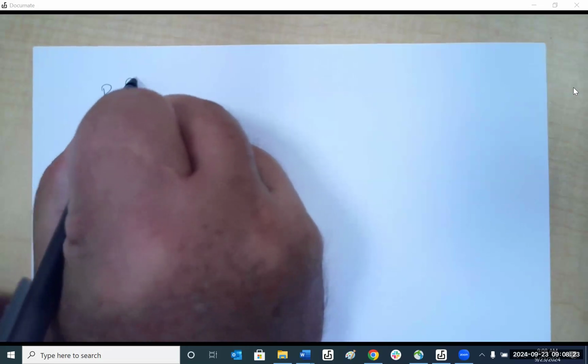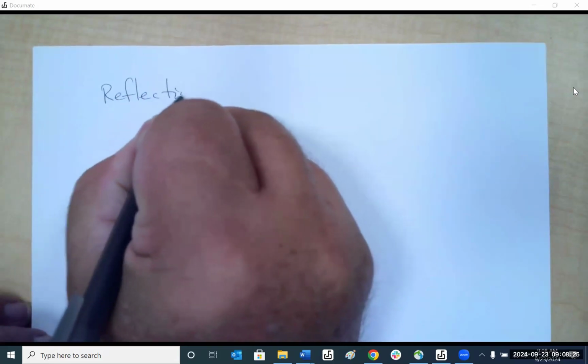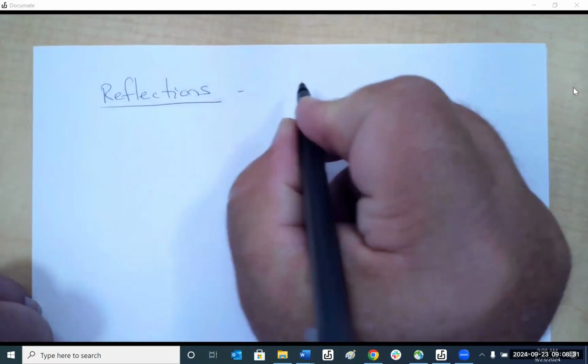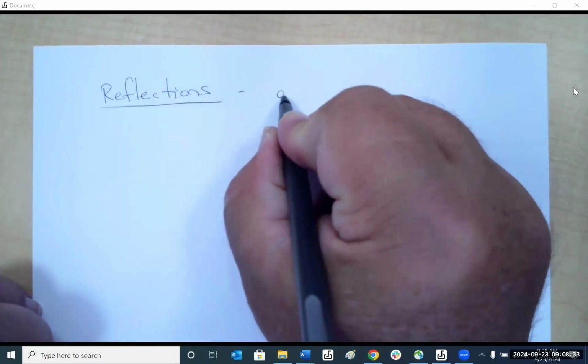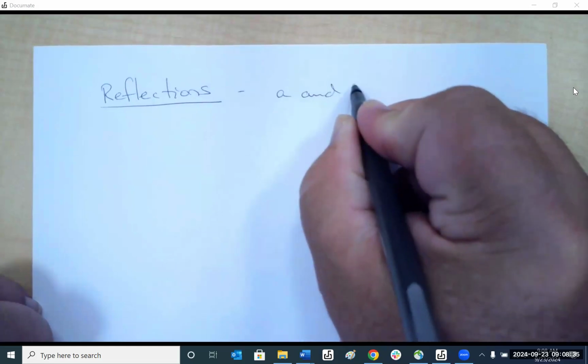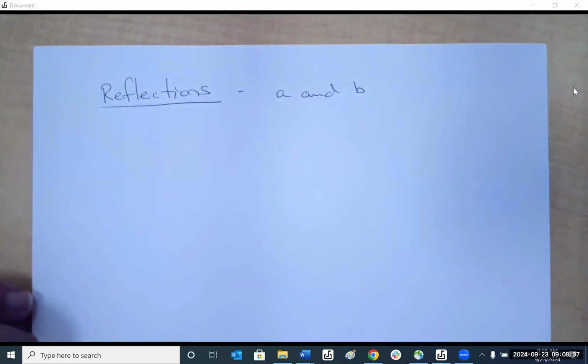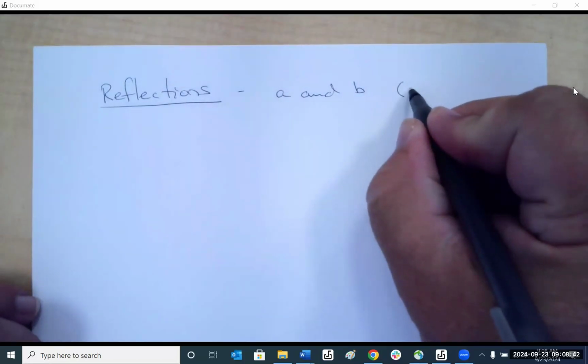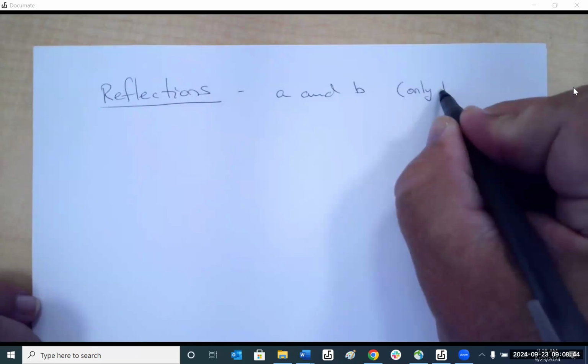The next one we call reflections. This is where A and B come in, only the signs.